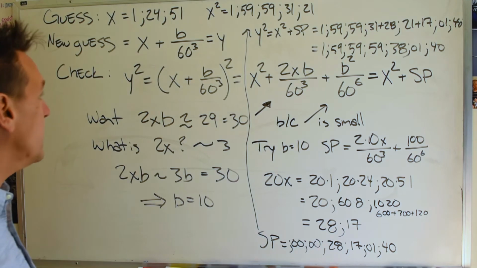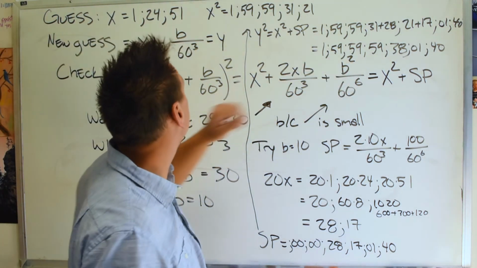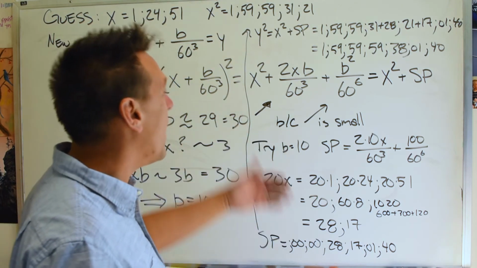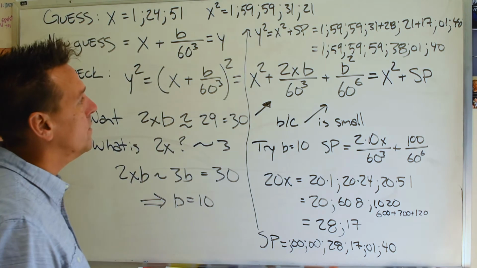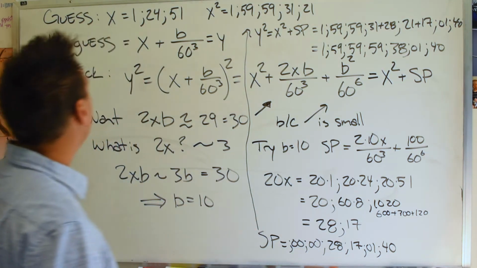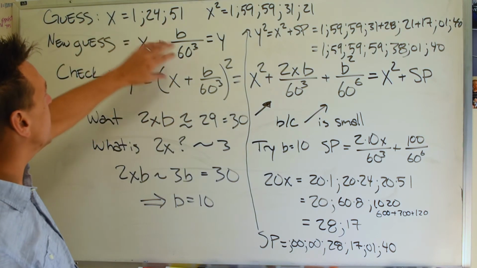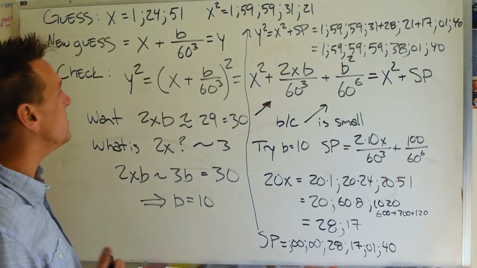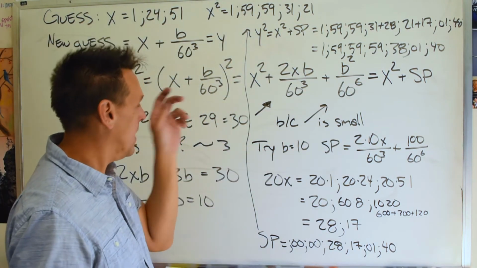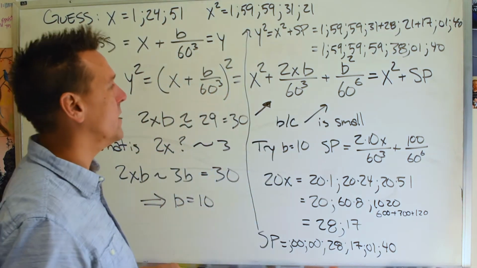I know that 10 was a good guess. I still ended up under 2, which means I can go to the next digit without having to see what 9 is, because I'm still under 2, so I can still add to this number. This idea of using a binomial by starting with my old guess and adding something in the next place to it, figuring out a little bit of the arithmetic ahead of time, and then just having to find this small part seems like something I could keep doing.